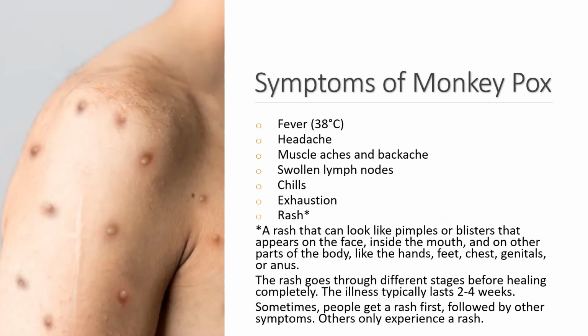Here are some symptoms of this monkeypox disease. Perhaps you can make this part of your emergency management plan. Fever, headache, muscle aches and backache, swollen lymph nodes, chills, exhaustion, or a rash.